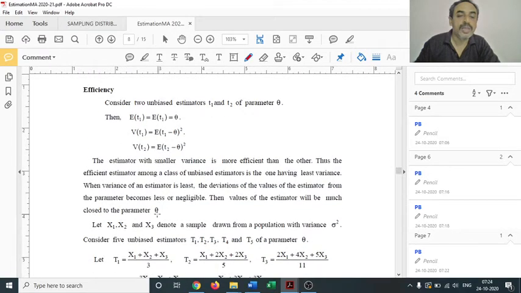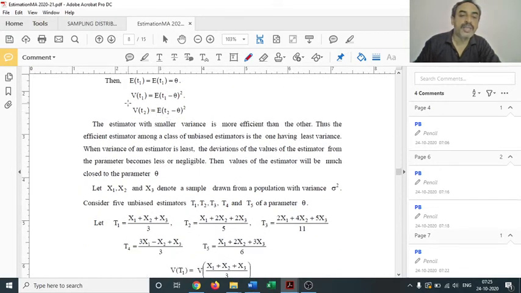Next, we come to the efficiency of an estimator. This efficiency property is considered only for unbiased estimators. Therefore, only estimators that already satisfied the first property will be taken for this verification of efficiency. Suppose T1 and T2 are two unbiased estimators for estimating the parameter theta.